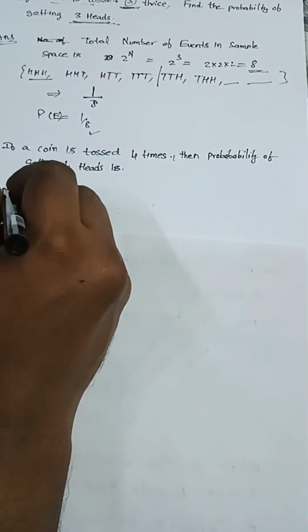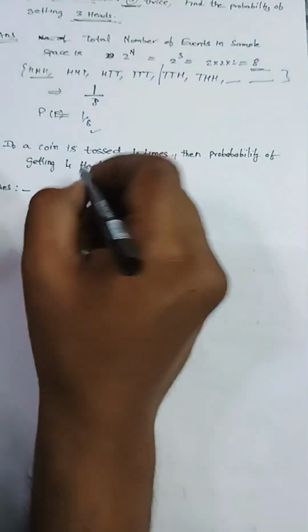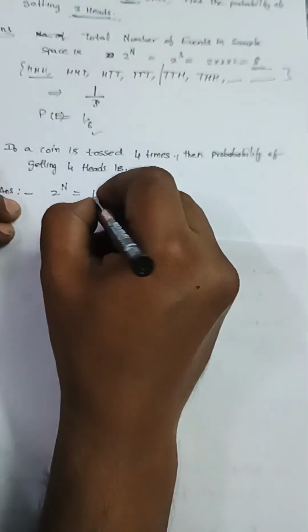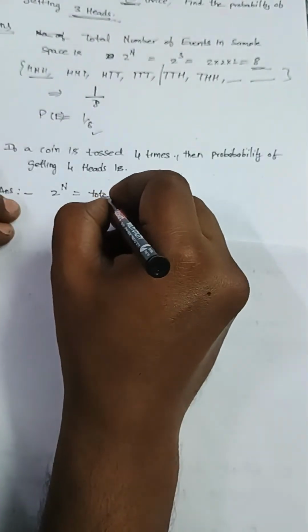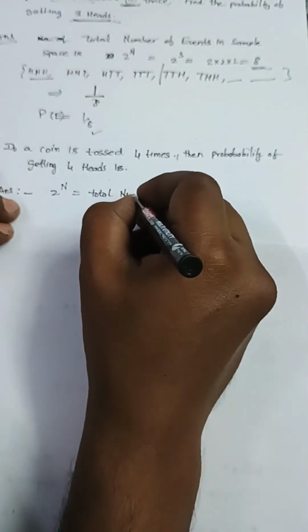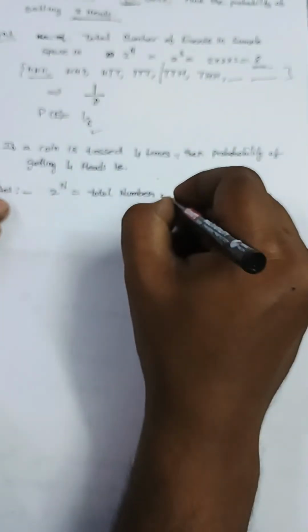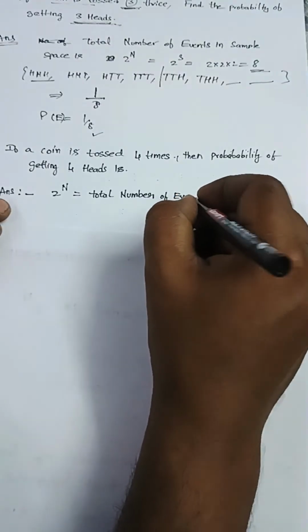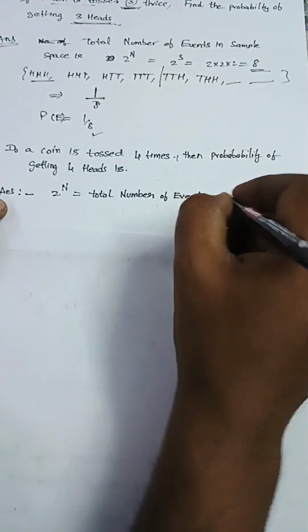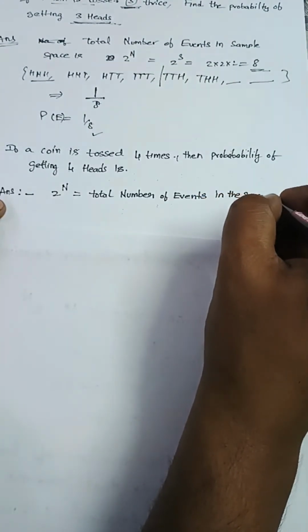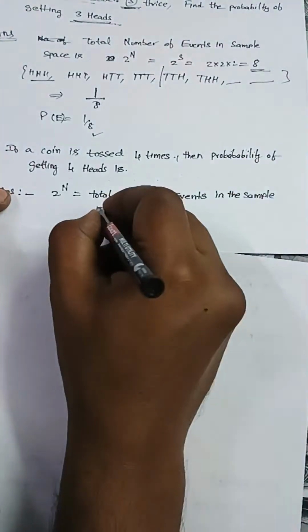So the answer is simple. See, 2 power n is the total number of events in the sample space.